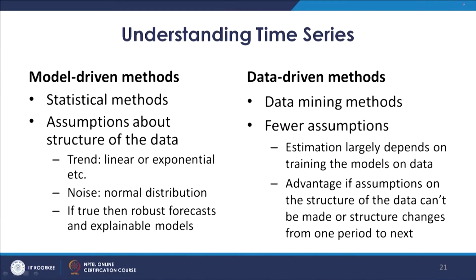Whenever we use this kind of structure, of course, certain restrictions are also going to be there. If we talk about noise, then statistical methods also assume a particular structure: that noise is going to follow a normal distribution. So, this is also an assumption about the structure of noise.